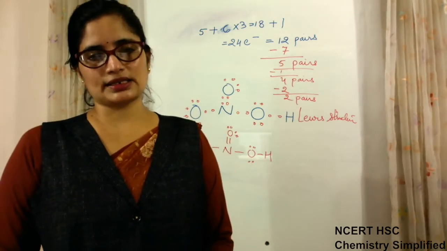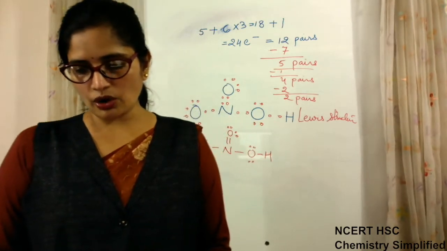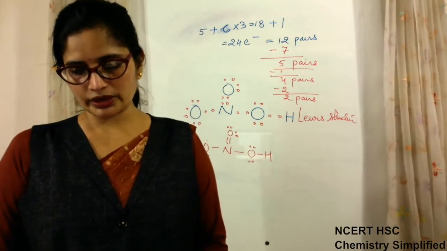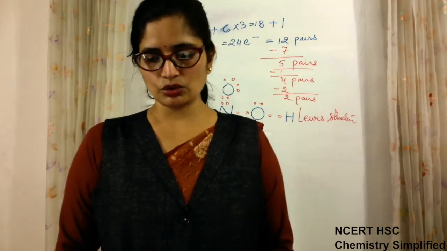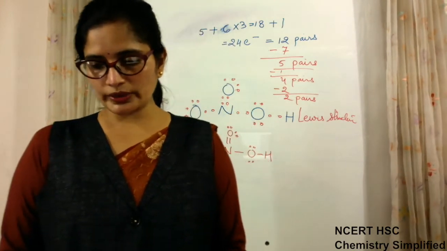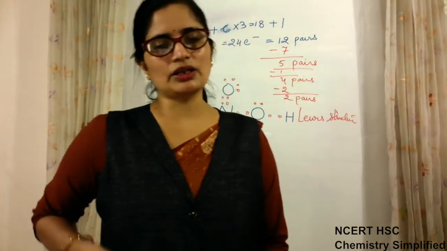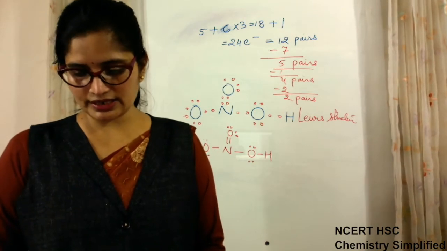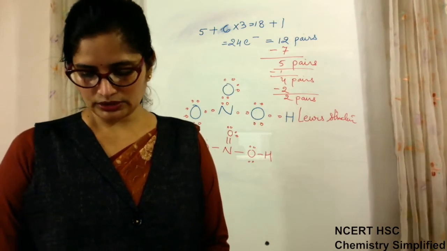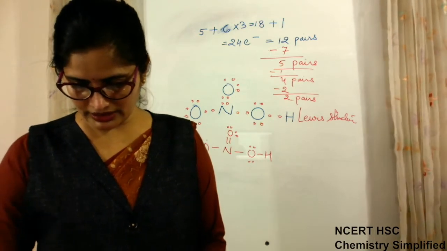Nitrate you will practice, NO3 1 negative, note it down and you will draw it on your own. Okay, CO2 carbon dioxide you will make, how to draw its structure you will do it, and if you want to get it checked by me you can send it to me on WhatsApp. Okay, I will see whether it is correct or not.